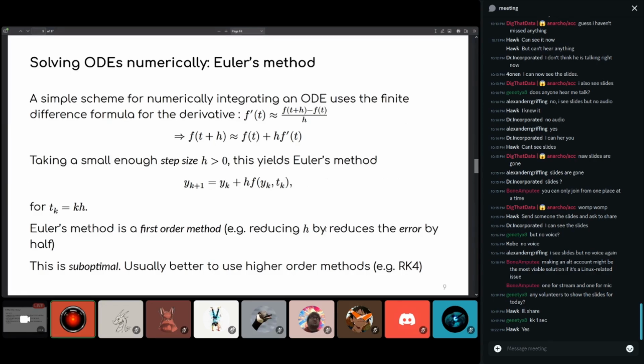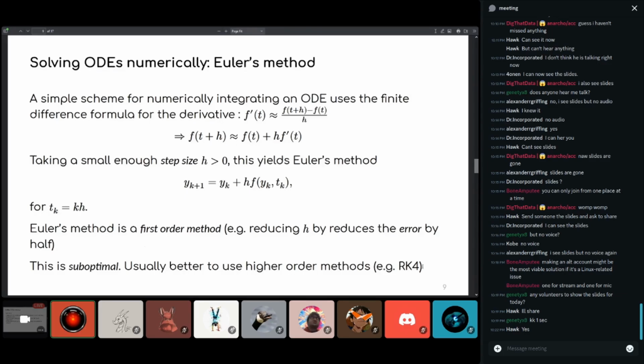And with first order methods, what you get is that if you reduce h by some factor, let's say by half, then the error is reduced by half. So you get a linear return on tweaking h. And this is very suboptimal. Euler's method is far from the best method. Typically when you want to solve complicated ODEs, you don't use Euler, you use a higher order scheme, typically something like Runge-Kutta 4, which is fourth order.